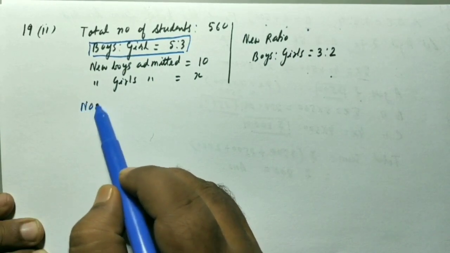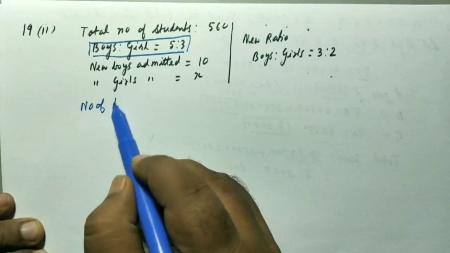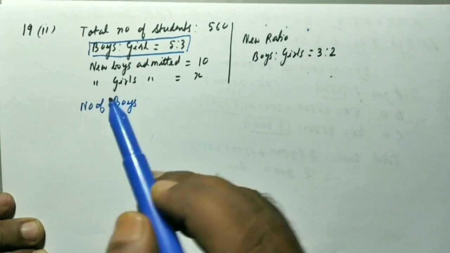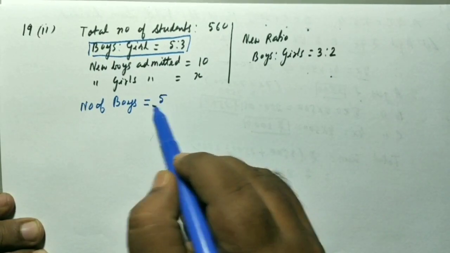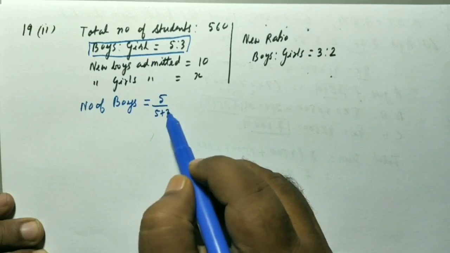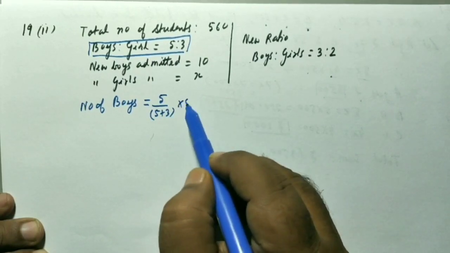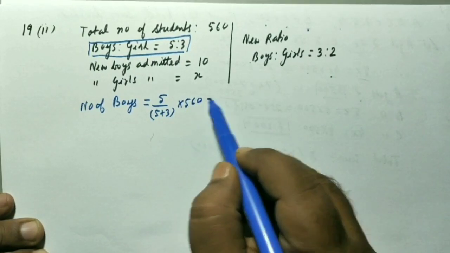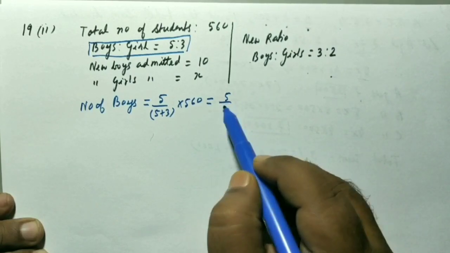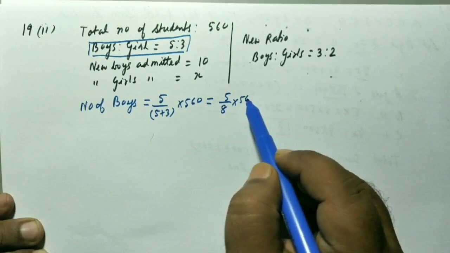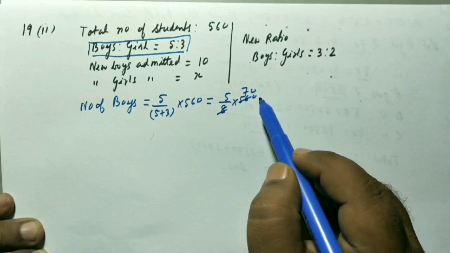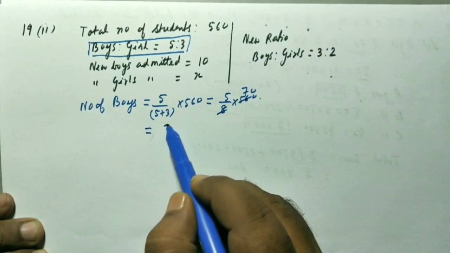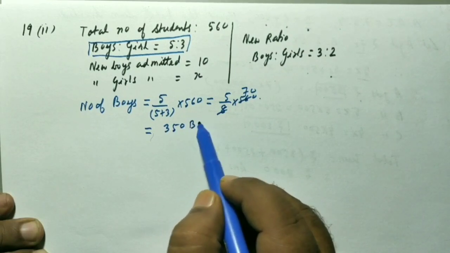So number of boys is 5 by 8, you have studied in lower classes, into 560, that is 350 boys.